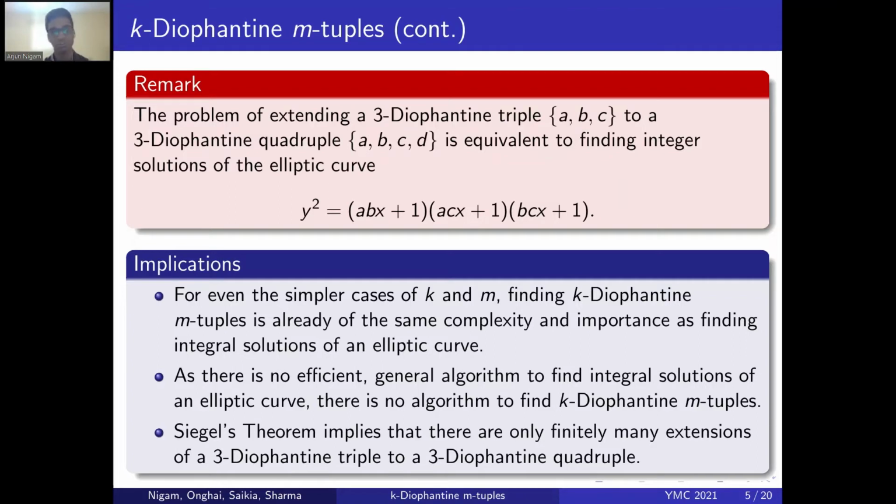However, there is a result that tells us that there are only finitely many ways to extend 3-Diophantine triples to 3-Diophantine quadruples. And this was seen in an example earlier, where we saw that 1, 3, 8 can only be extended to 120 as a Diophantine four-tuple in the integers.